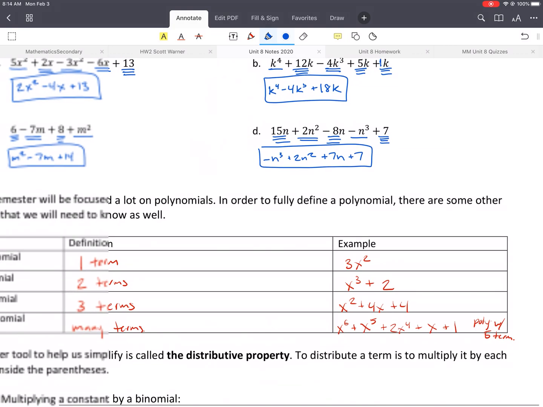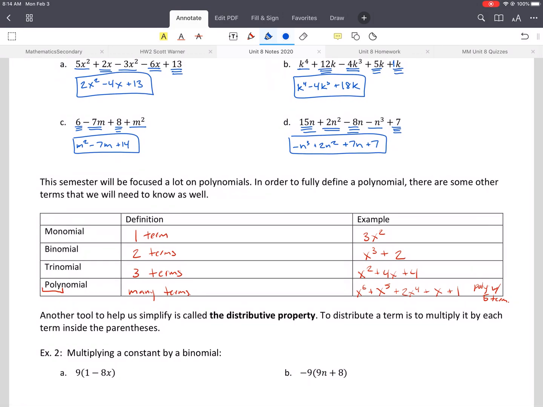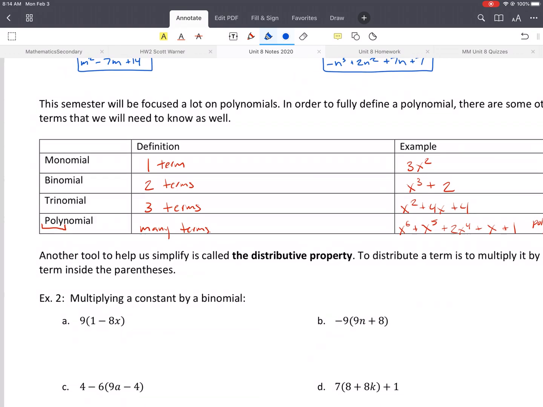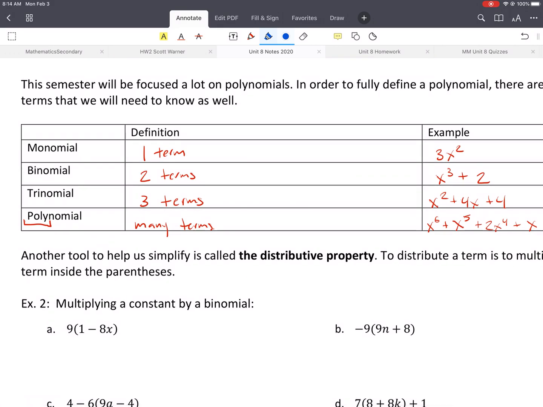All right. So let's do some, well, it says, I'll just read it. This semester, we have focused a lot on polynomials. In order to fully define a polynomial, there are some more terms that we need to know. Okay, so we can classify polynomials by the number of terms.